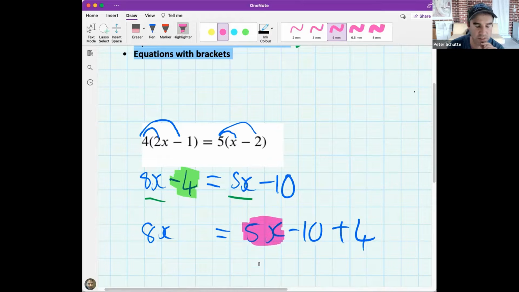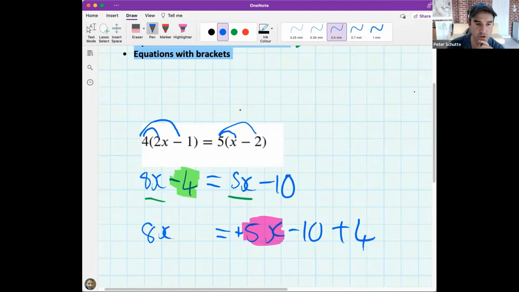What do I need to do for that? I'll give you a hint. If you've got plus 5x on the one side, what's the opposite of plus 5x? Minus 5x.